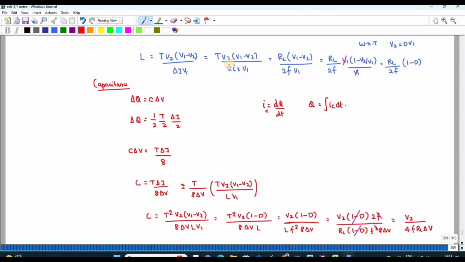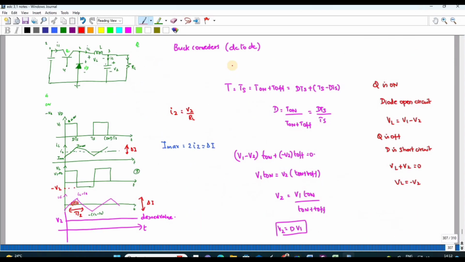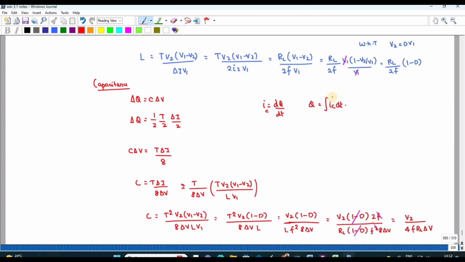Instead of del I, I am substituting 2 I2. If you solve this one, you will get 1 minus D. V2 by I2 is RL. You can substitute 1 by T as F. So we will get L is equal to RL divided by 2F into (1 minus D). Substituting this formula here, I will get C is equal to V2 divided by 4F RL del V.